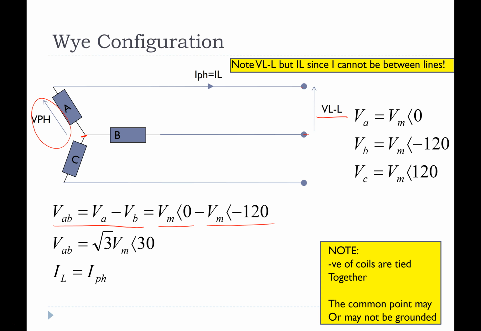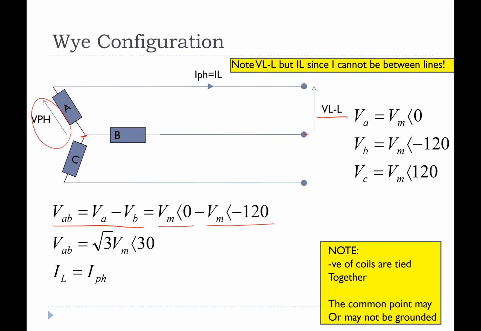So if we looked at our three-phase voltages, VA and VB, remember this would give us a vector going from B to A, which, if I draw this at the origin, has an angle of 30 degrees, and the magnitude works out to be √3 times Vm, which is the magnitude of VA.